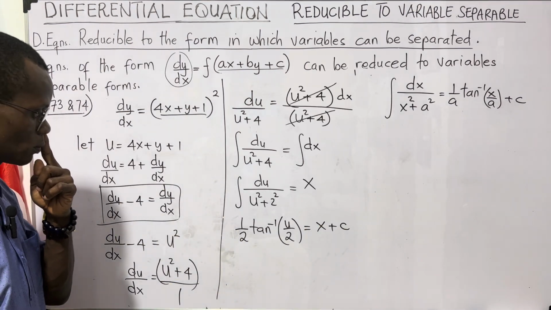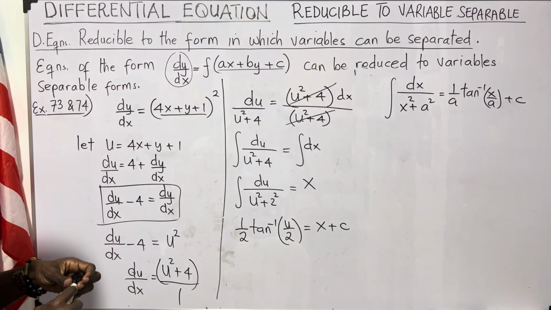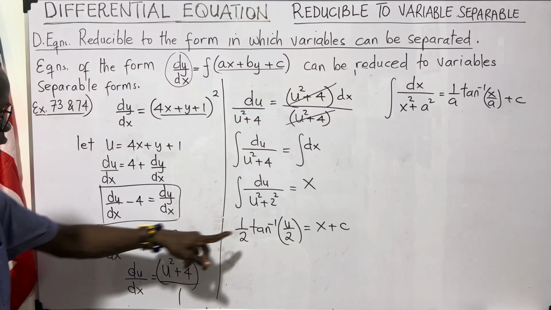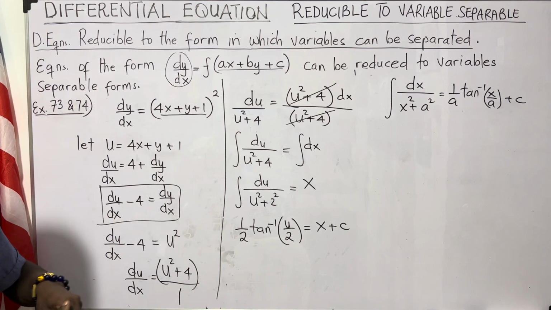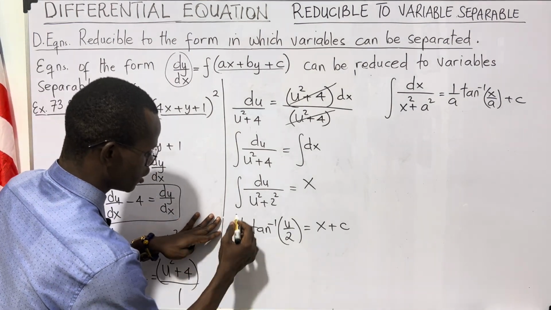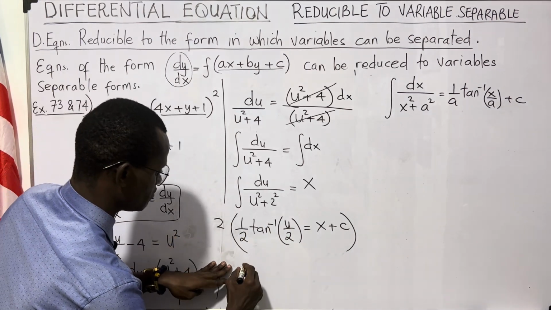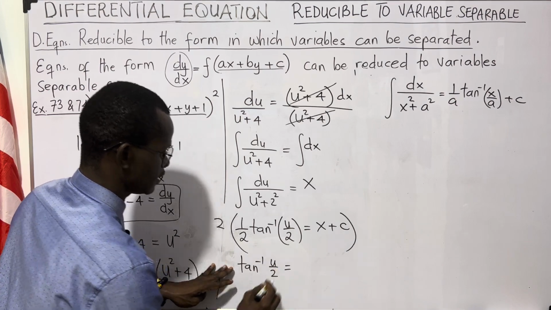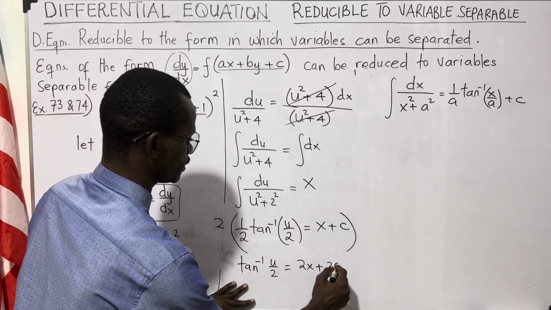Now what do we do? We replace our u. Our u is what? 4x plus y plus 1. But let's further simplify it, right? Now let's get rid of this 2. We can multiply all sides by 2. It means that this will be tangent inverse of u over 2 is equals to 2x plus 2c.